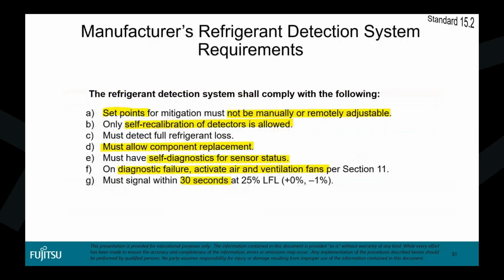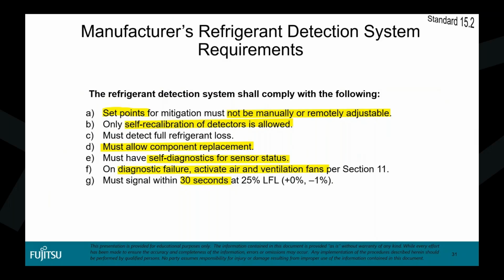And then that leak detection system, the standards specify it. They need to have a set point that can't be adjusted. It has to have self-calibration. It has to allow component replacement, probably for the sensor itself, the sensor part of it.